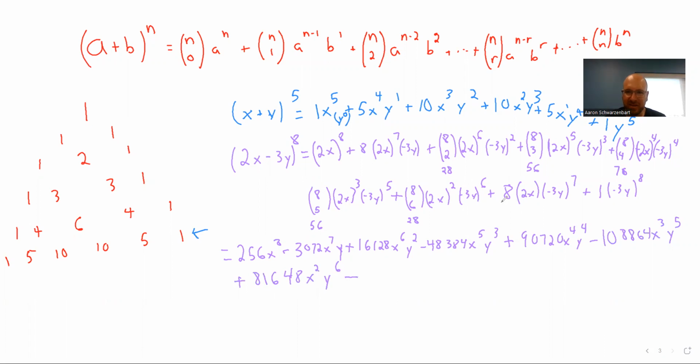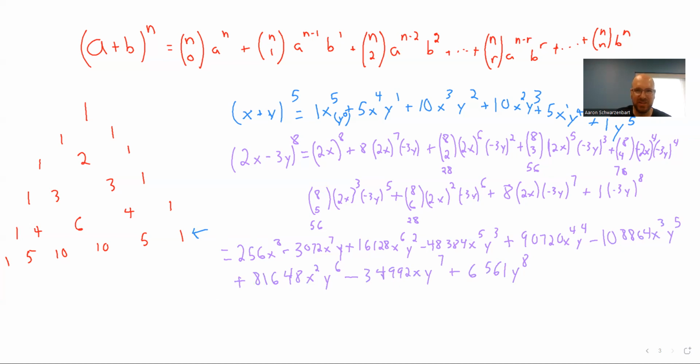The next one should be a negative: 8 times 2 times negative 3 to the 7th, which is negative 34,992 x y to the 7th, plus negative 3 to the 8th times y to the 8th. 6,561 is negative 3 to the 8th. And that is my binomial expansion.